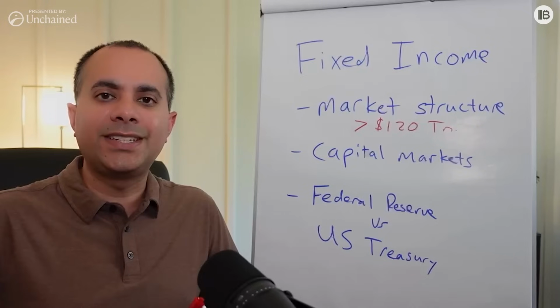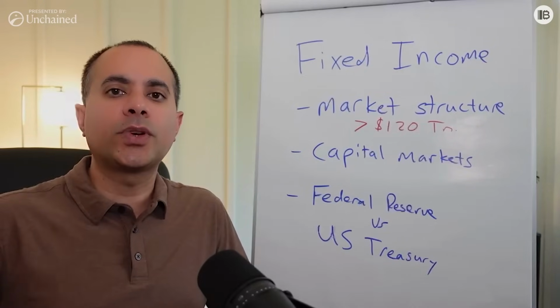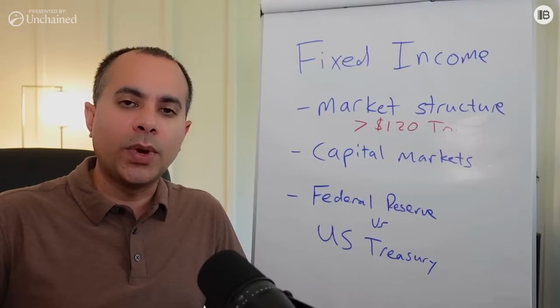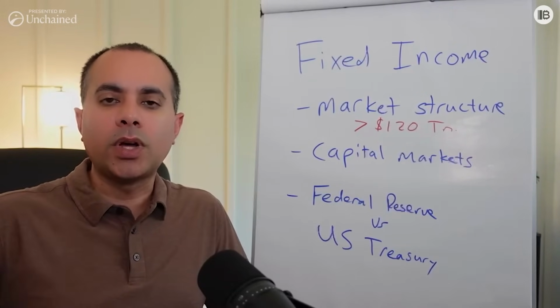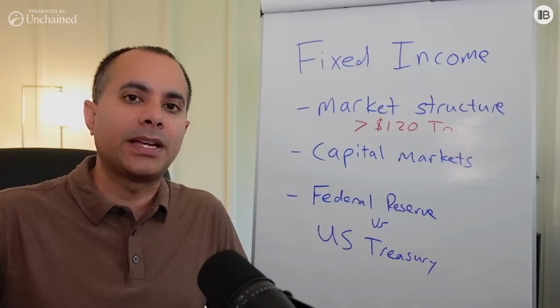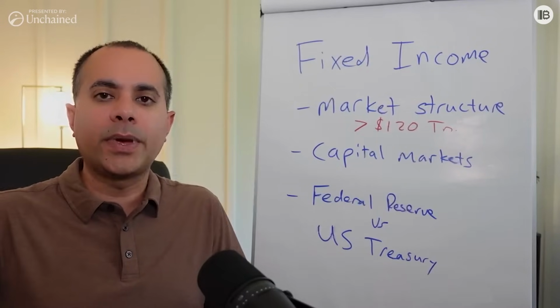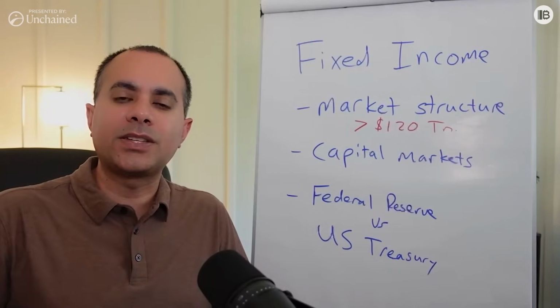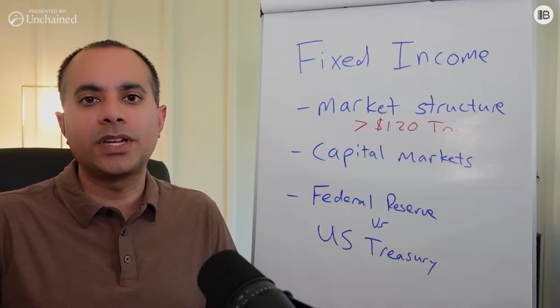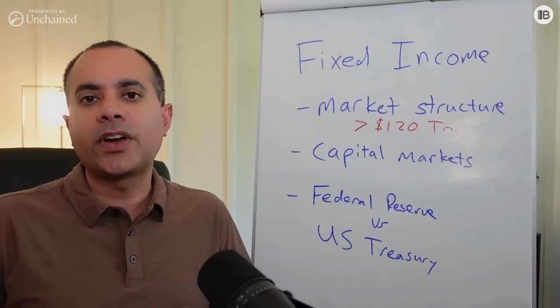Now, we know today that with 37 trillion of US Treasury debt outstanding, the US government has borrowed a lot more than it is bringing in and has the ability to pay down on its debt. That is a topic for later lessons, but for now we have to understand what these securities are and what they are used for.